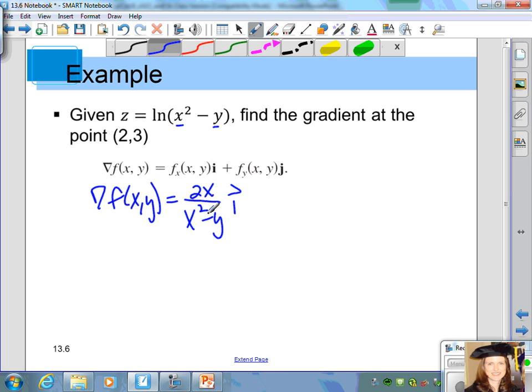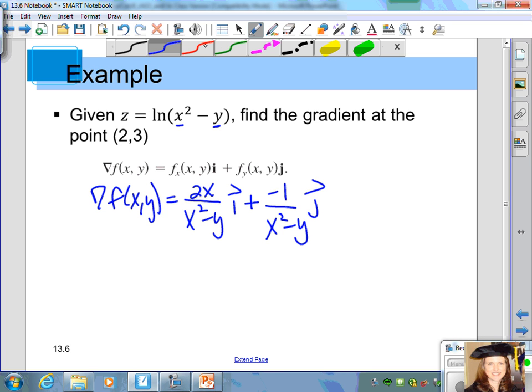It's going to be your first component of your gradient vector, plus the partial derivative of this with respect to y. You're going to treat y as a variable and x as a constant. So the derivative of x squared minus y is negative 1, and we're going to divide that by x squared minus y. That's your j. So that would be the general equation for the gradient vector.